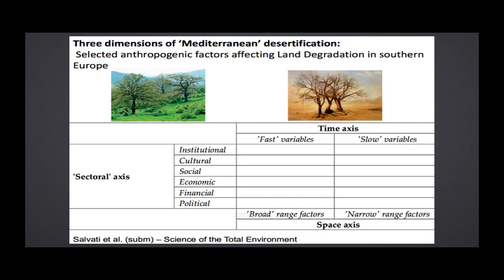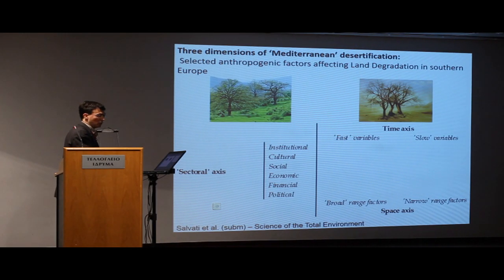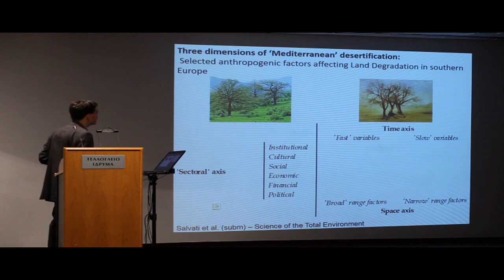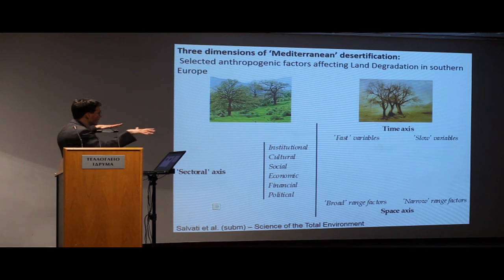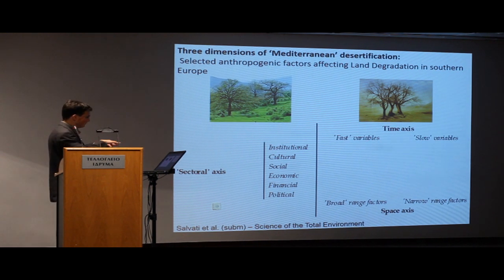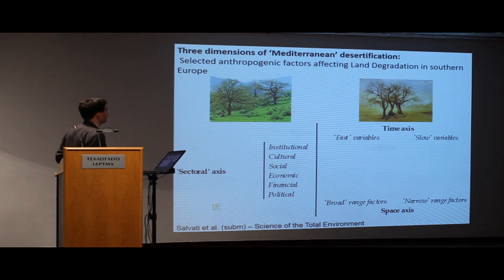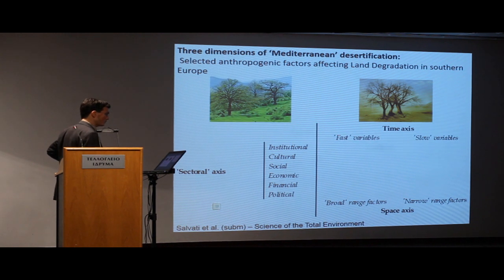The second axis is the space gradient. So if you want to classify factors of land degradation, you can see here broad scale, I mean broad spatial scale factors, and narrow scale factors as well. So that is another possible classification for space factors.